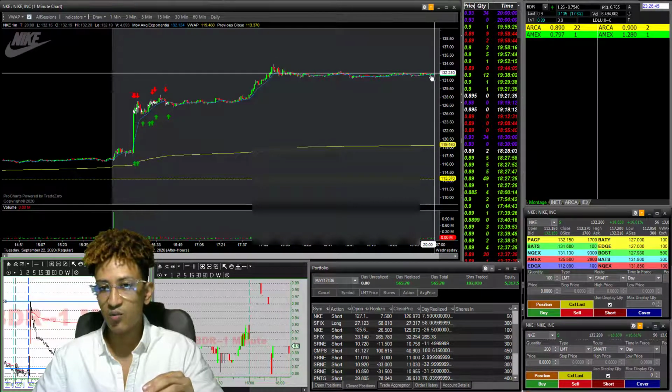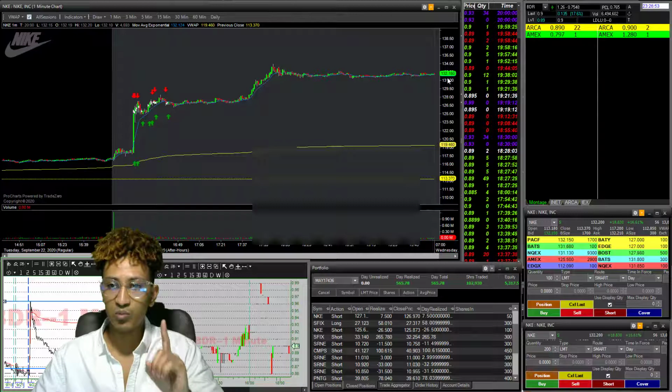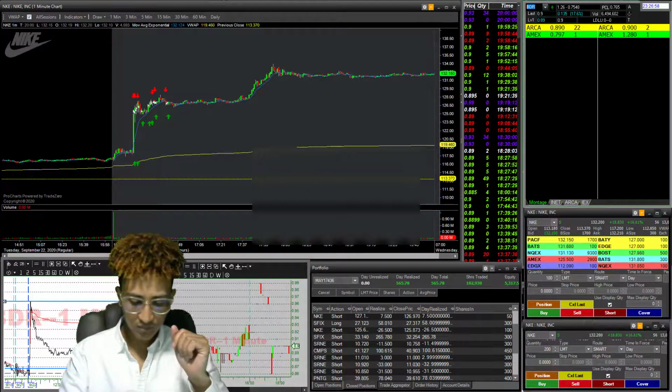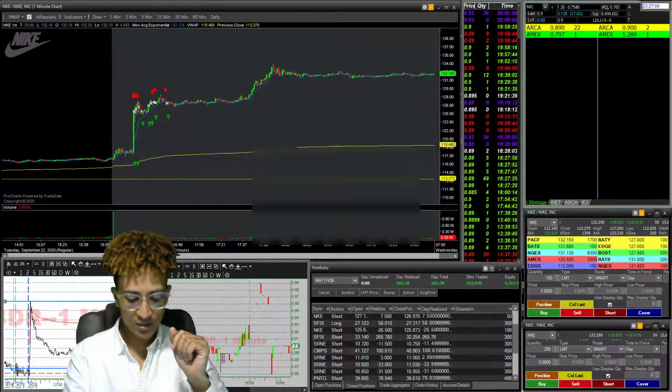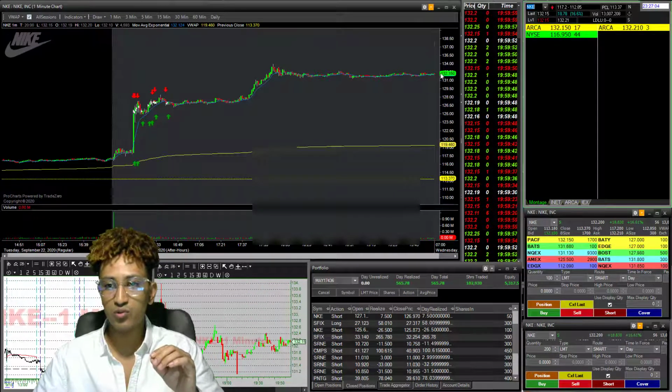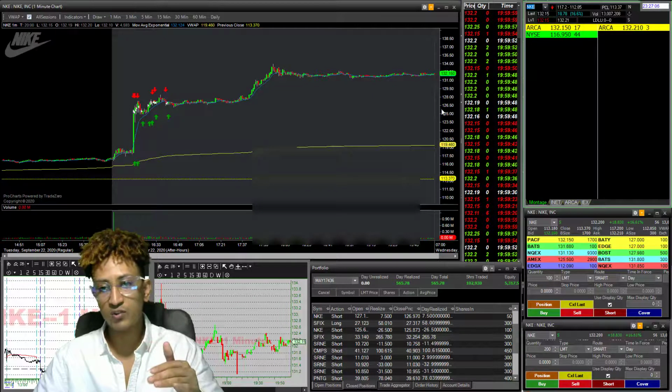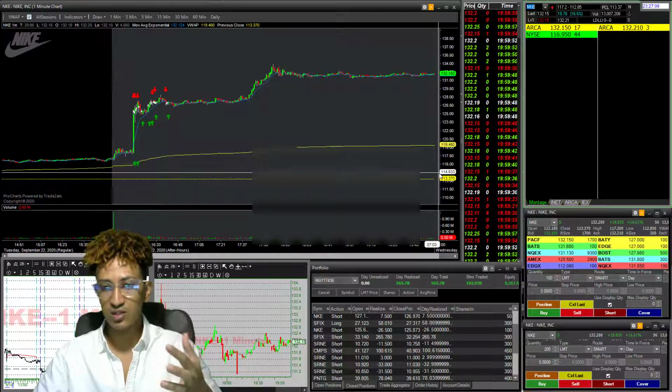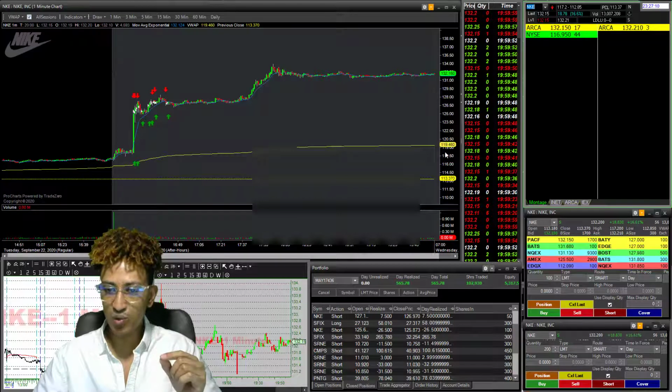As you can see, when it's indicating green right here, when the price is indicating $132, it means the price of one share of Nike, NKE, is basically $132. When it falls, this starts to fall, right?